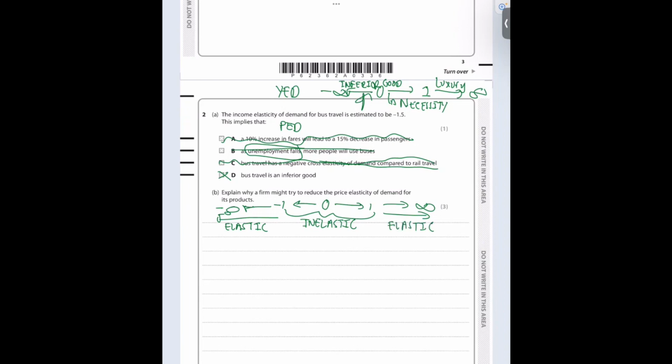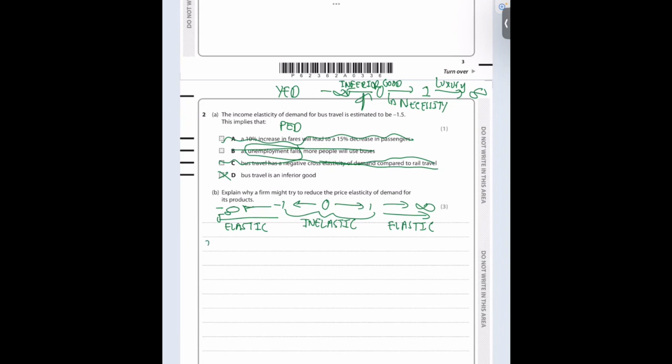Basically, the more price inelastic a product is, the less responsive demand is to a change in price. So things that are very price inelastic are things which are very addictive in nature. These might be products like gambling, alcohol, maybe drugs in some sense, which will have a very price inelastic demand.